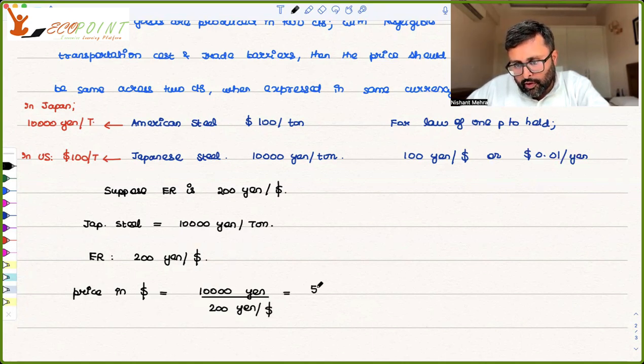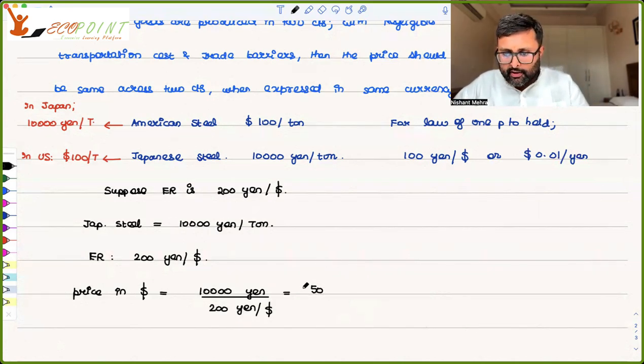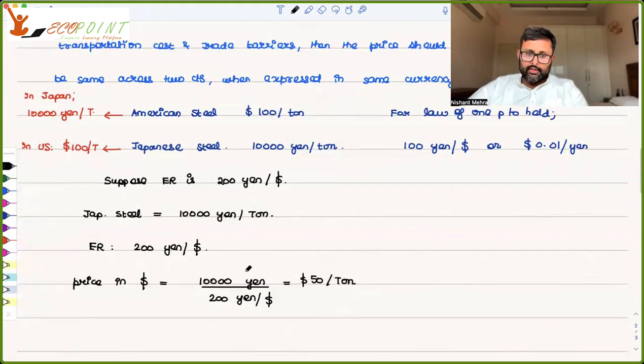So this is going to be $50 per ton. So Japanese steel is costing $50 per ton.